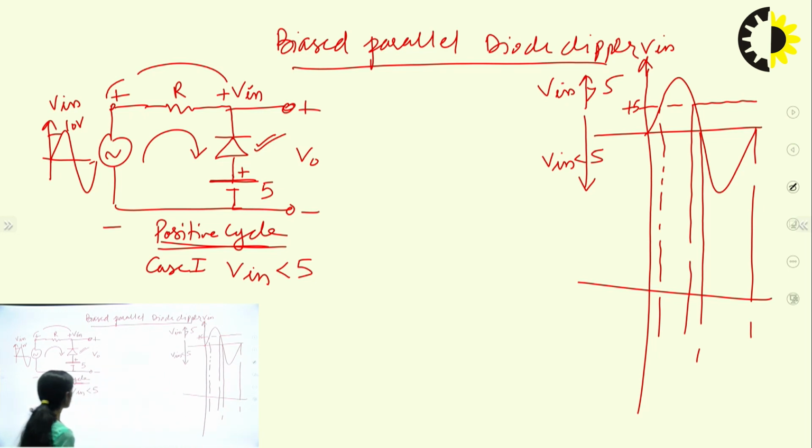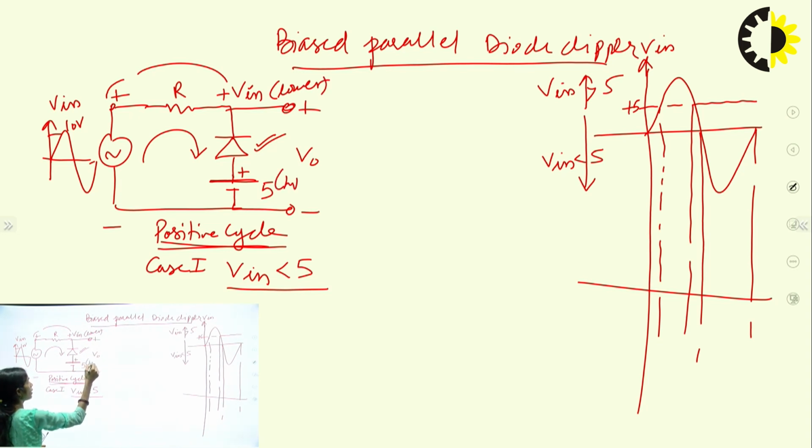If Vin is lesser than 5, Vin is at lower potential and 5 is at higher potential. The lower potential is connected to the negative terminal of the diode and the higher potential to the positive. That means the diode will be forward bias.